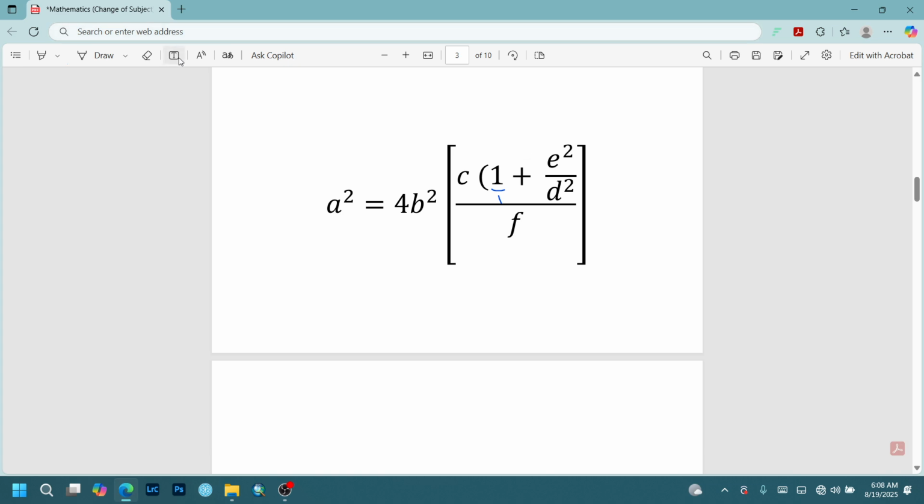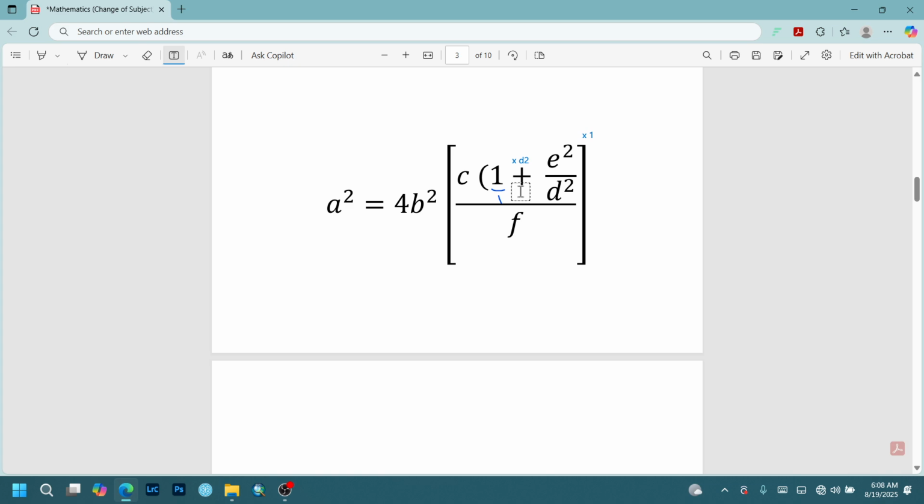So d square would multiply 1, okay. Then you also multiply the denominator on your left side with the numerator on your right side, which is e square, okay. So e square would multiply 1 here, okay.